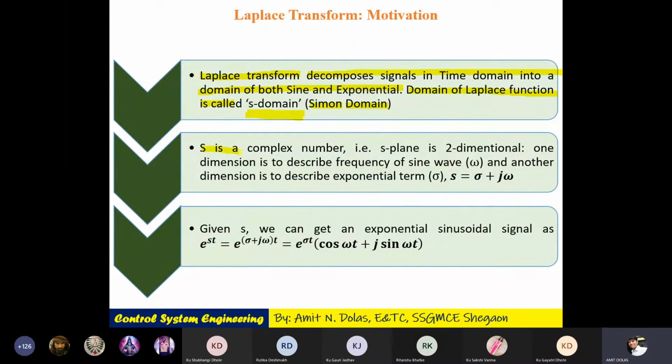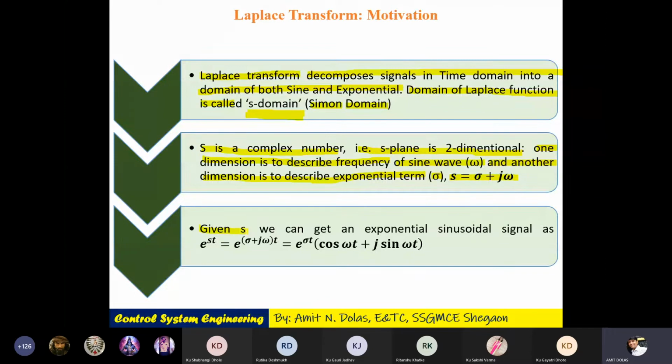S is a complex number. That is, the S plane is two-dimensional. One dimension describes the frequency of the sine wave, that is omega, and another dimension describes the exponential term, that is sigma. And the form will be S is equal to sigma plus j omega.